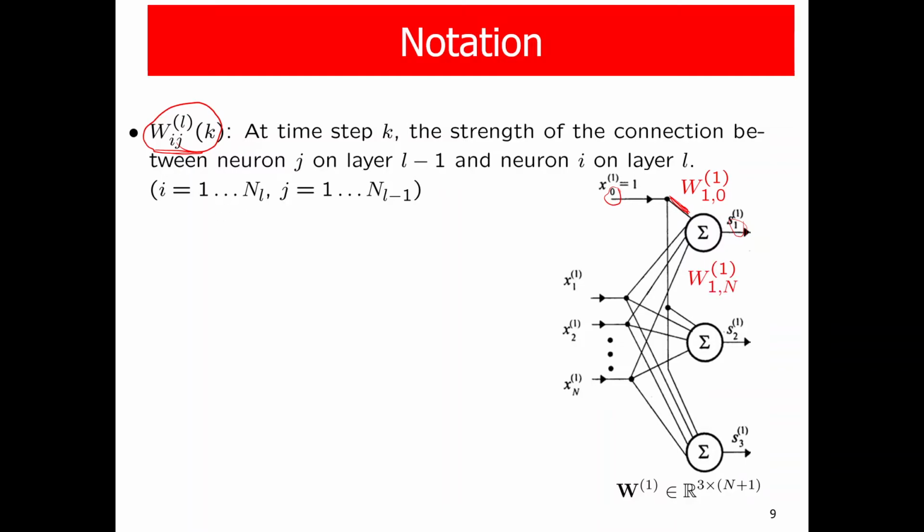Similarly, this connection on the first layer between input n and neuron 1 is denoted by W11n. The connection between the 0th input and the third neuron on layer 1 is denoted by W130. And just a last example, the connection between the nth input and the third neuron on layer 1 is denoted by W13n.